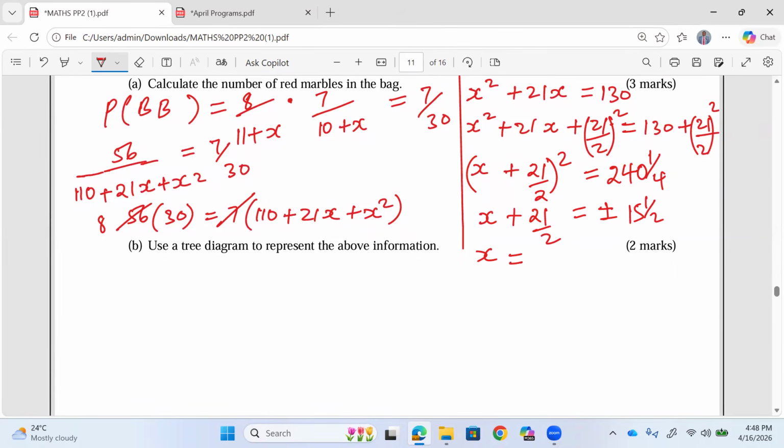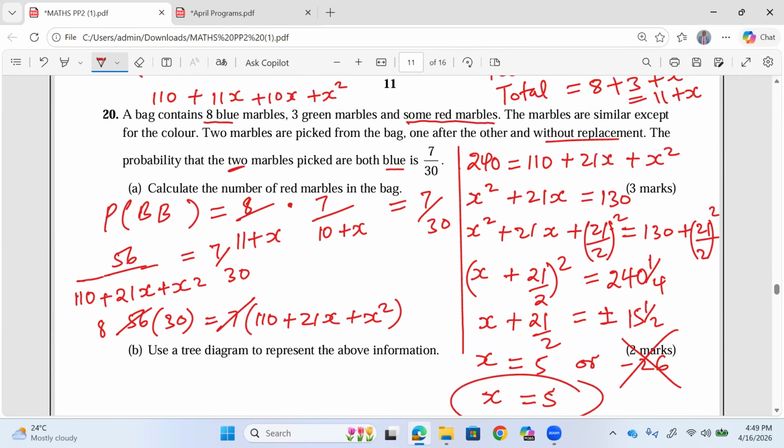We get exactly 5. Or the value of x is negative 15 and a half. Then we subtract again 21 over 2. This is going to be negative 26. So now that we are dealing with a number of marbles, we can't have a negative number. So we settle for x equals to 5.